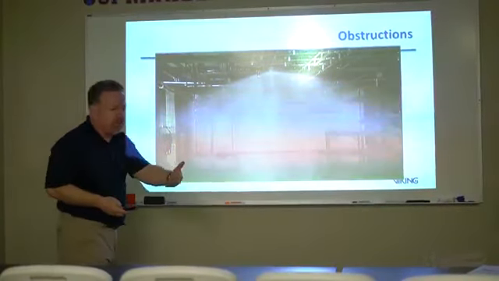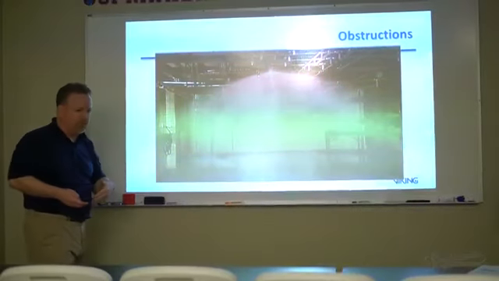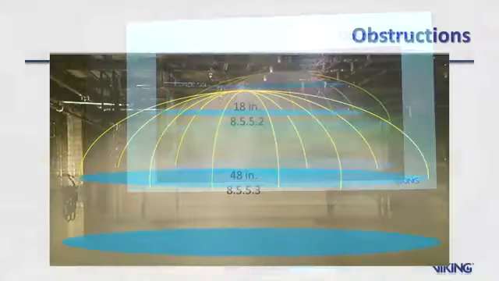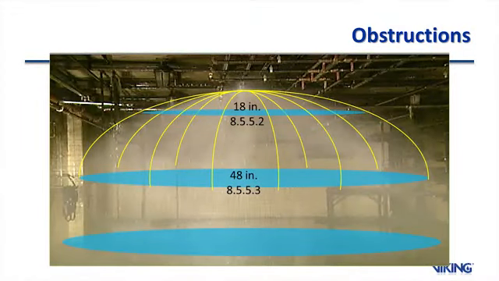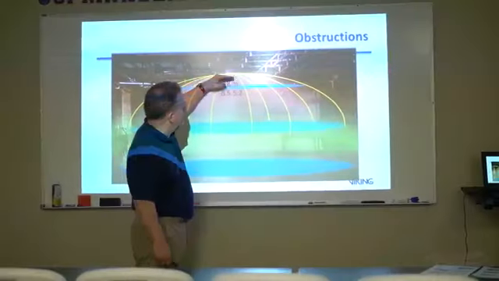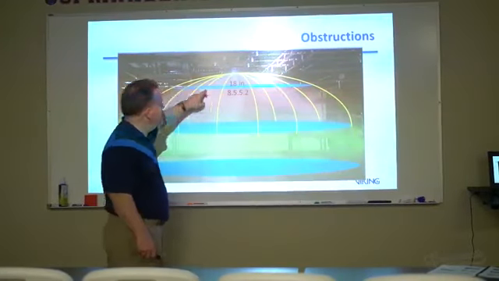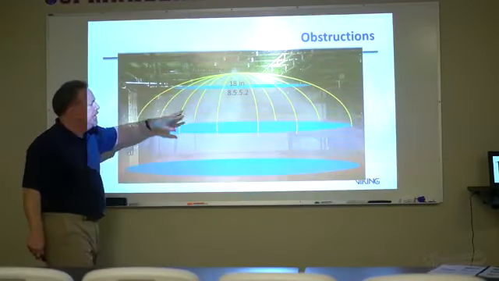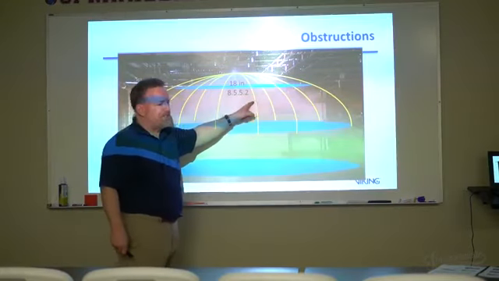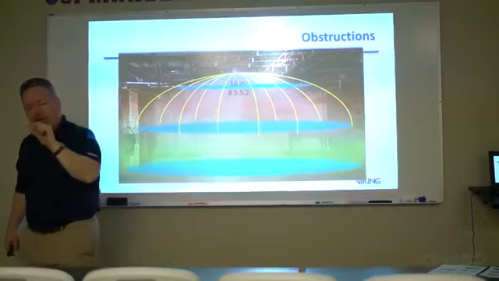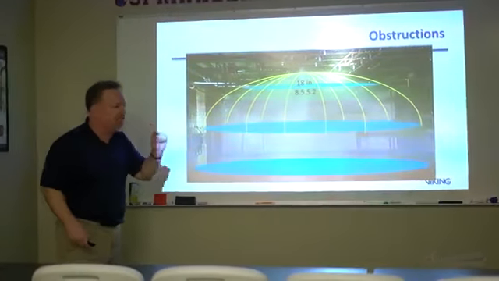So let's take a look at the obstruction rules here, and this is where in each of the sections within Chapter 8, within each of the sprinklers, we're going to talk about this area within 18 inches of the sprinkler. There's my sprinkler, and a plane 18 inches down from the sprinkler has a specific set of rules in section 8.5.5.2 that are an obstruction to spray pattern development.